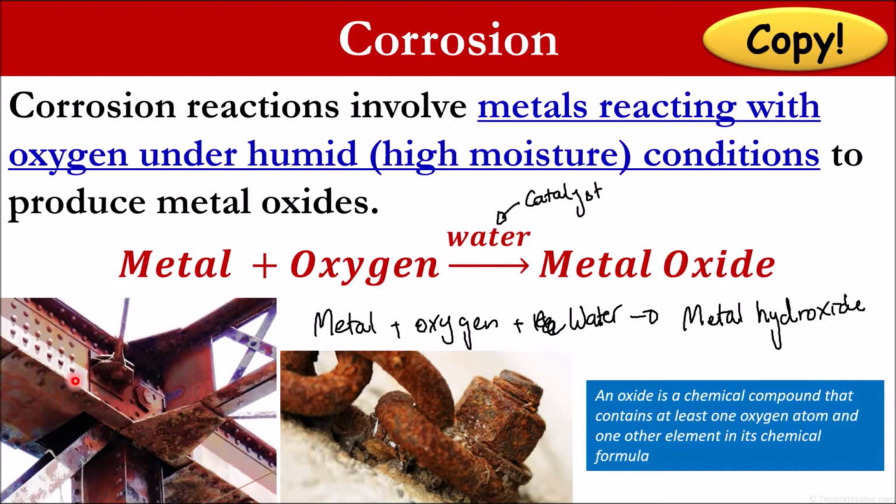You can see this in lots of different areas, particularly bridges that cross over water, which have really high moisture content, and then obviously you also see this rusting here. So that's corrosion for you. It's something you see everywhere, every day.